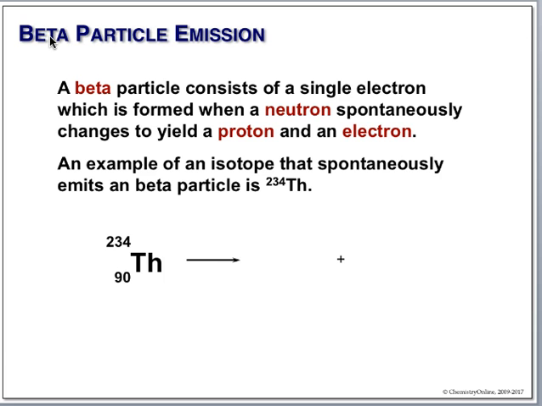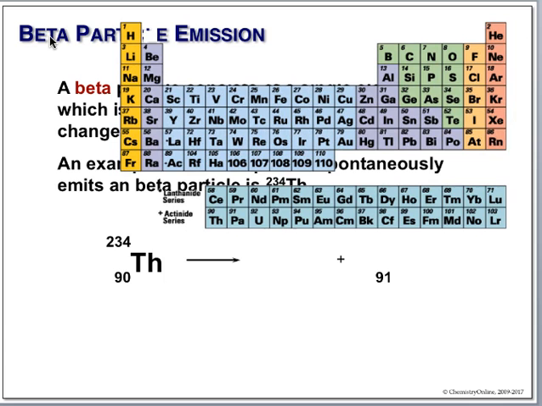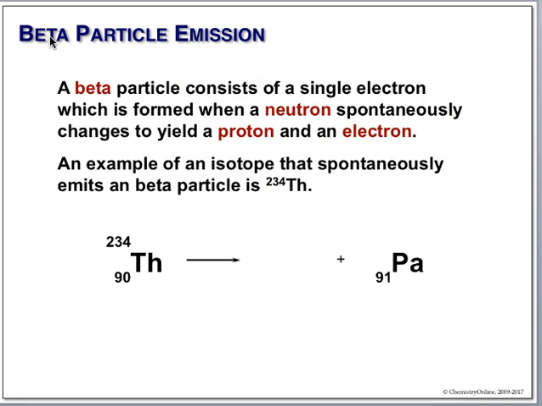So the number of protons goes up by 1. Now, what's atomic number 91? Let's find it. There it is, Pa, protactinium. So this is Pa. Our mass, however, because the proton and the neutron weigh the same, is unchanged.